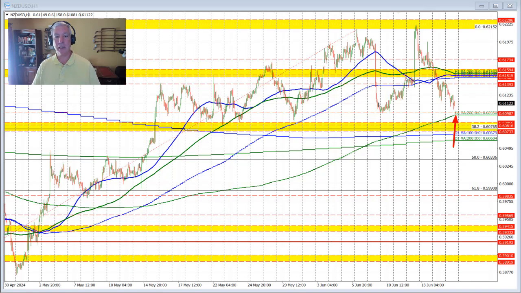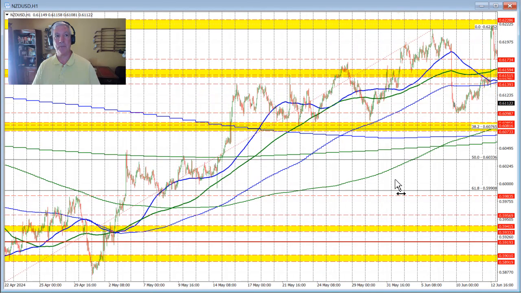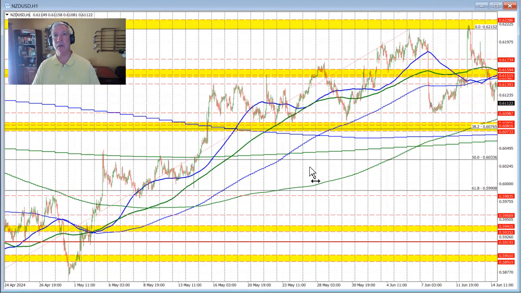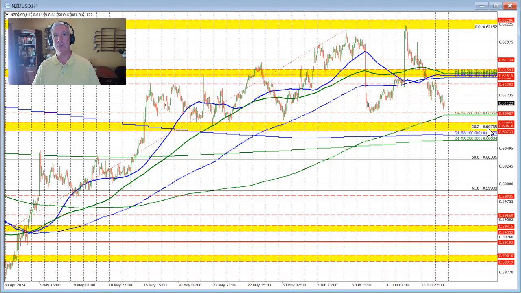Now, looking at the price action from this low going back to April, to the high price that we saw here in the month of June, the 38.2% retracement of that entire move comes in at 0.6076765. Also, the 100-day moving average and 200-day moving average are below those levels, down to 0.60604.